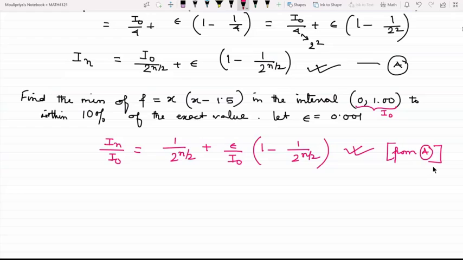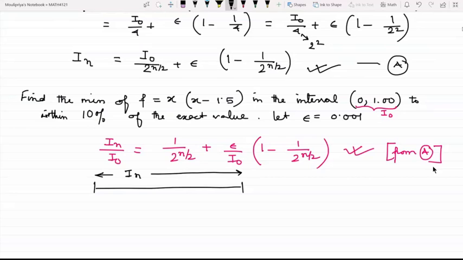Now, the ratio, it says that the value has to lie within 10% of the exact value. Now, say after a certain number of iterations, the interval is In, right?